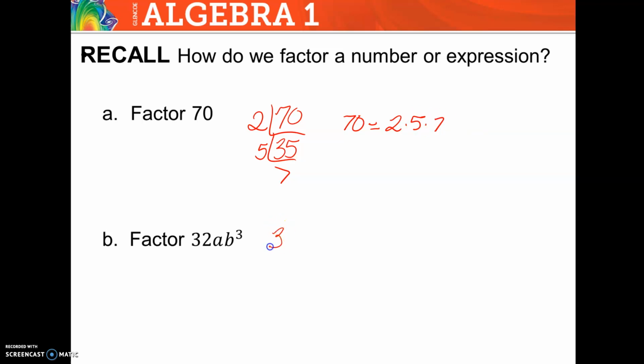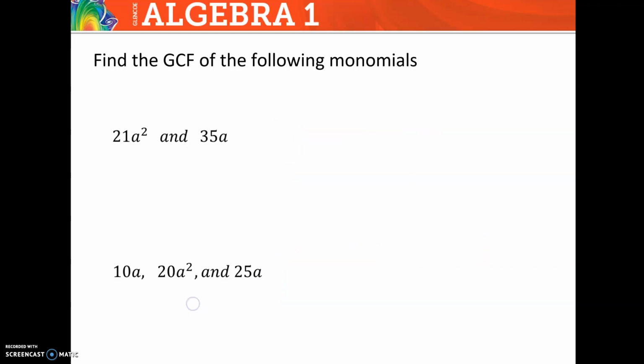32, we would factor the same way, into prime numbers, and we talked about this earlier. So 32 factors into 2 times 2 times 2 times 2 times 2, then a, and then 3 b's. So those are all the factors of 32ab cubed.